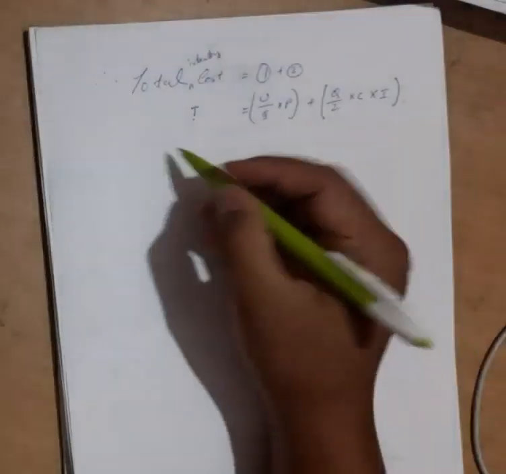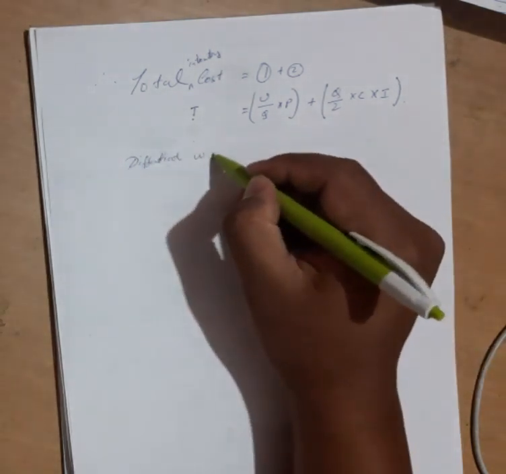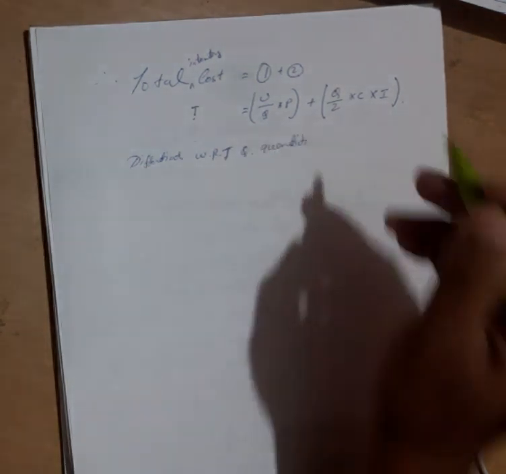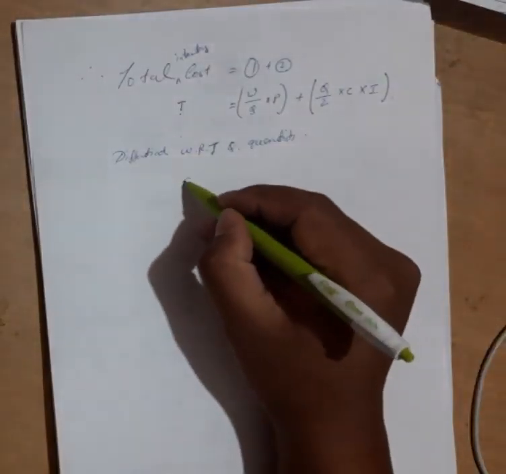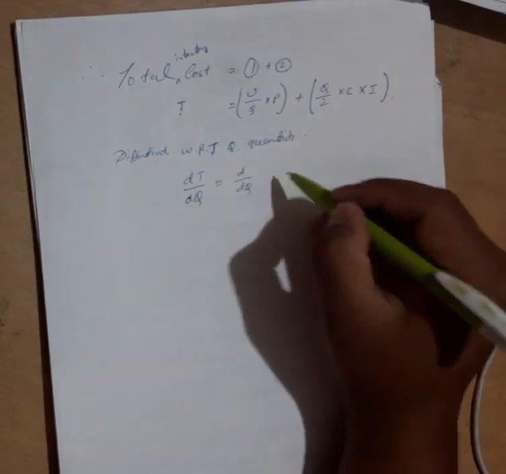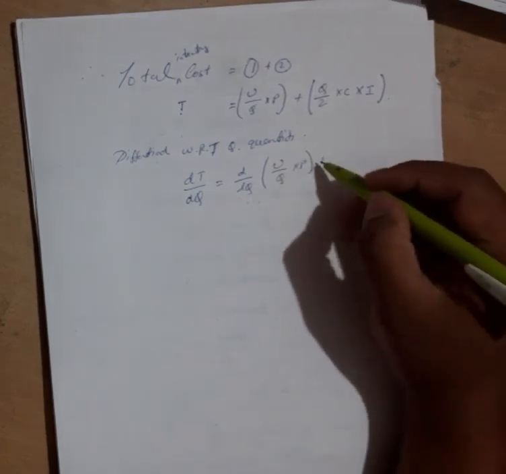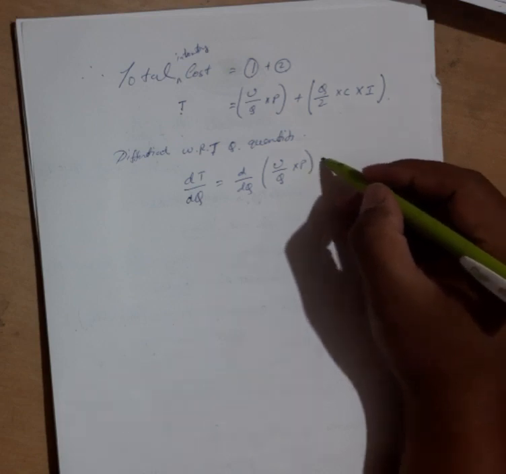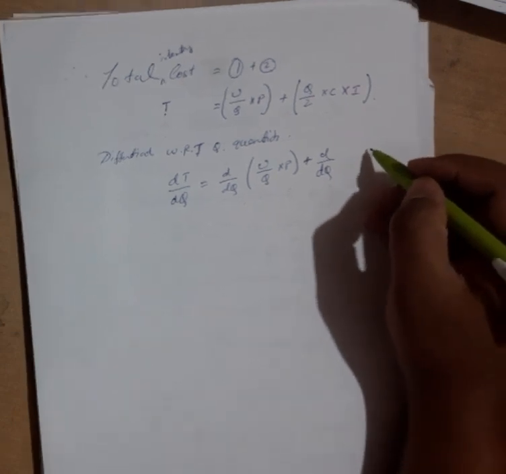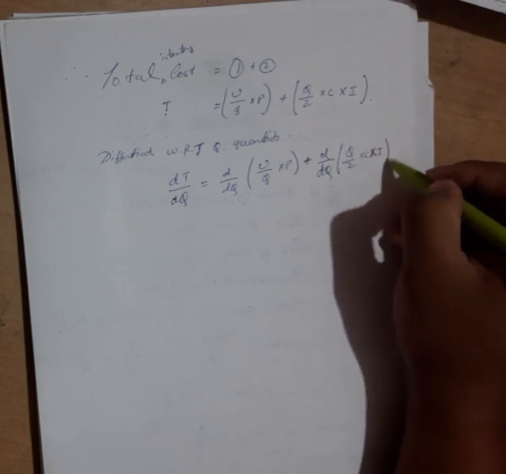We will differentiate with respect to Q. Since we have to minimize this cost, let us take dT by dQ: d by dQ of U by Q into P plus d by dQ of Q by 2 into C into I.